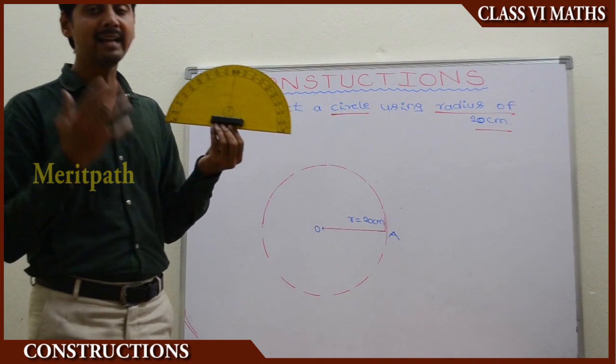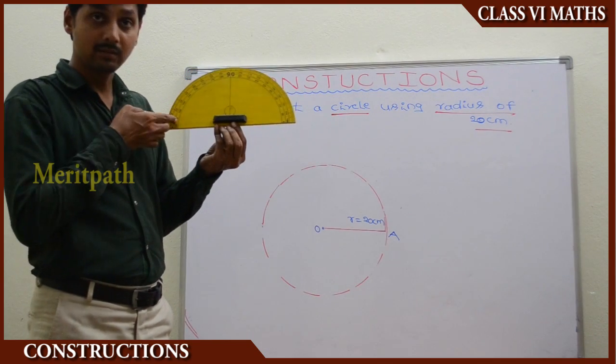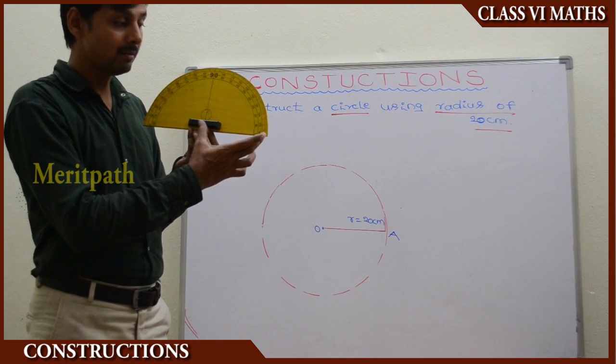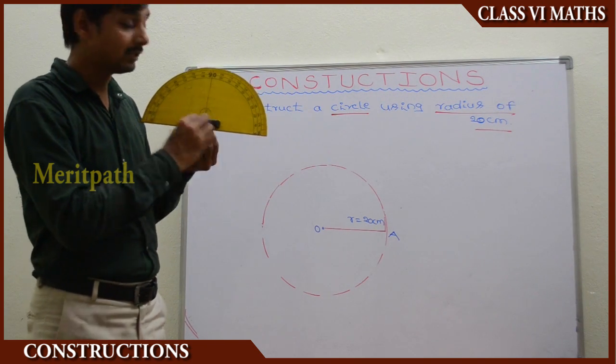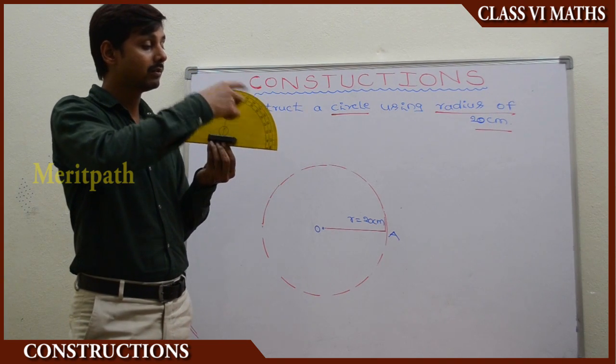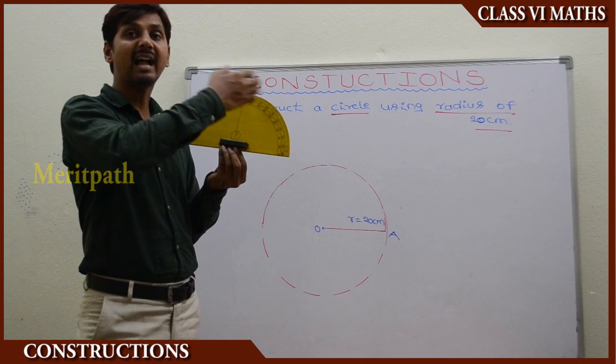If we take the line segment on the left hand side as the base, we have taken starting O to A. On the right hand side of the protractor, we draw a line and it makes an angle with the base, so it makes some angle.